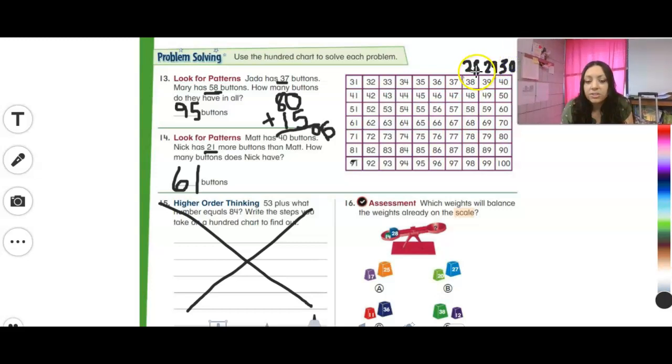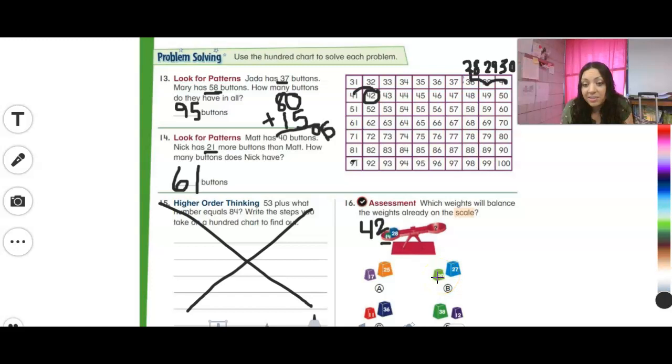Okay, so if I start at 28 and I have to add 14, 14 has how many tens? 1 ten, so I would be at 38. Then I have to add 4 more, so go over 4. 1, 2, oh, hop over to the next one. 3, 4. So that would be 42. So I need something that equals 42.